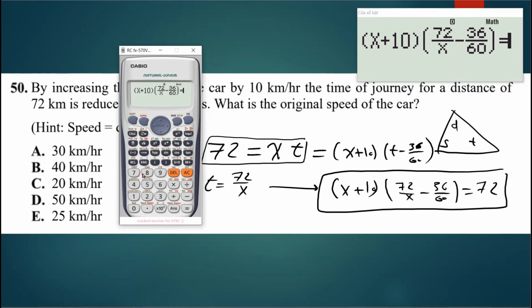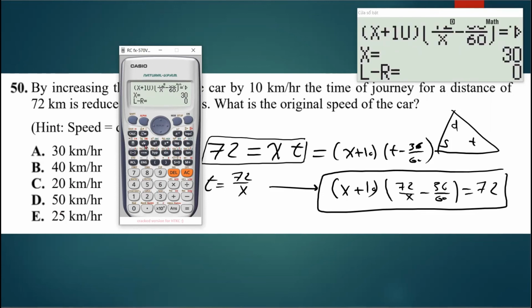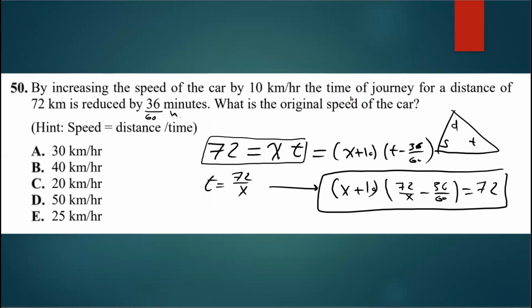That will equal 72. Okay, so you have to solve that. I will need values that are near here. 30 is nice. That's it. So you don't need to seek another value. It's just 30. Of course, it's a quadratic. You might find another negative value, but I don't need it.